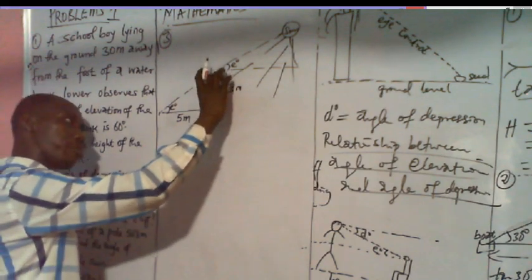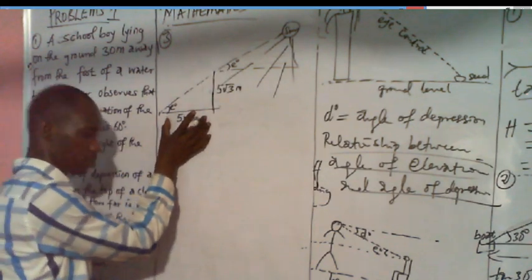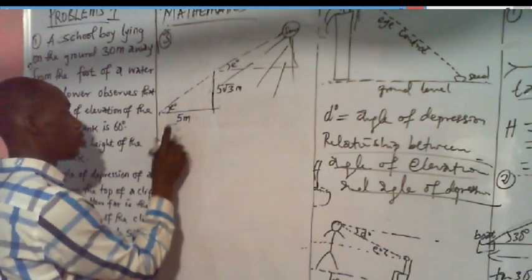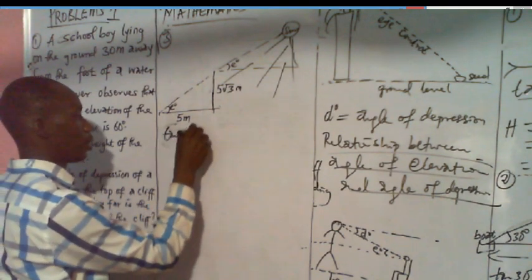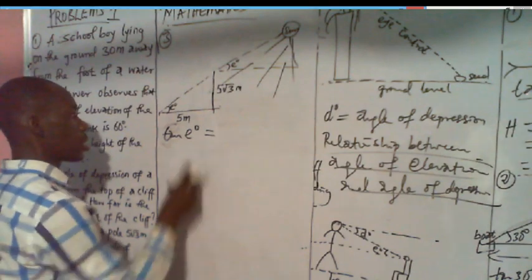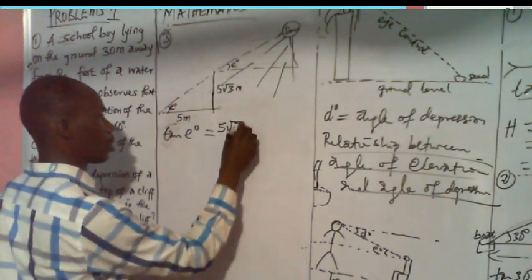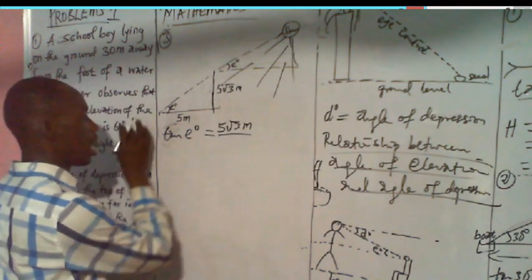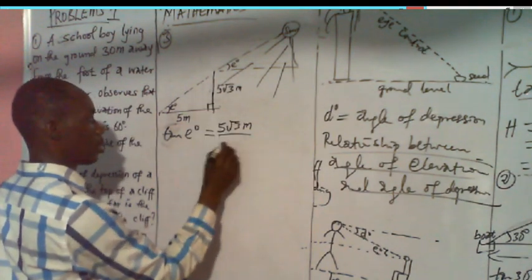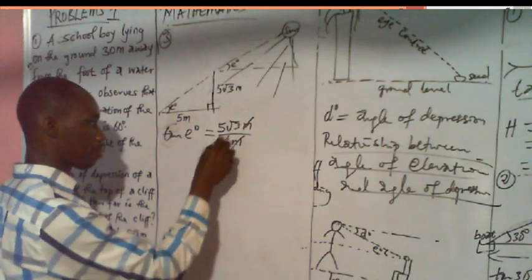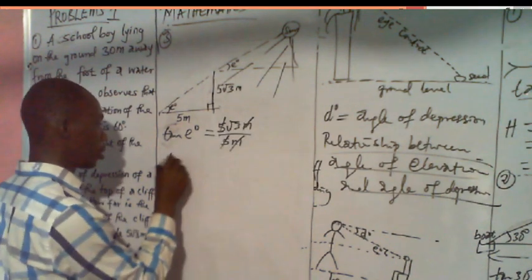We still have opposite and we have adjacent. We make use of tan E degrees. Tan E degrees is opposite, which is 5 root 3 meter, over adjacent, 5 meter. Meter cancels meter, 5 cancels 5.